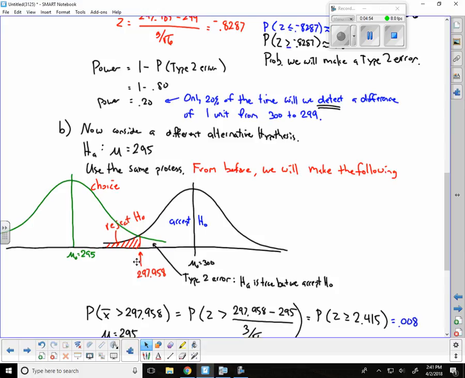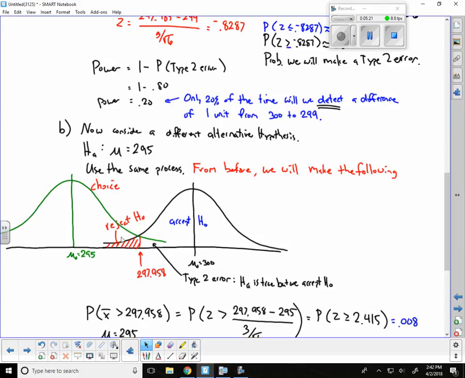If it's less than 297.985 right down here, we're going to reject. Now, the alternative is, what if it's 295? Now, that's quite a distance. If we look at the curve, 2 standard deviations here almost are 297, or 298 because it's 0.9. So it's only a couple units to move 2 standard deviations. So a couple more, we're more than 4 standard deviations away.